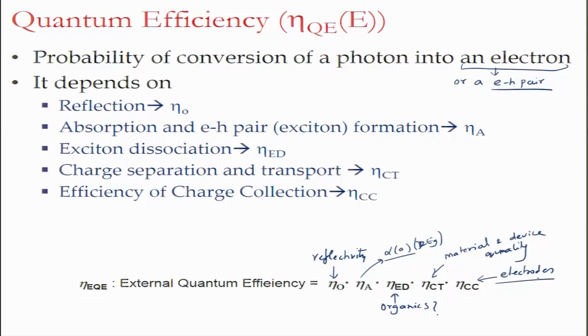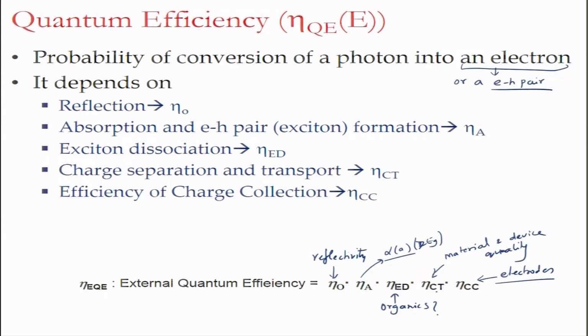So you can see that your device design will require you to optimize all of these. You would like to minimize reflection, you would like to maximize the absorption, you would like to maximize the efficiency of exciton dissociation, which is normally not a problem, but you must have some built-in field or built-in force to break the exciton and dissociate it into electron hole pairs, especially in organics.